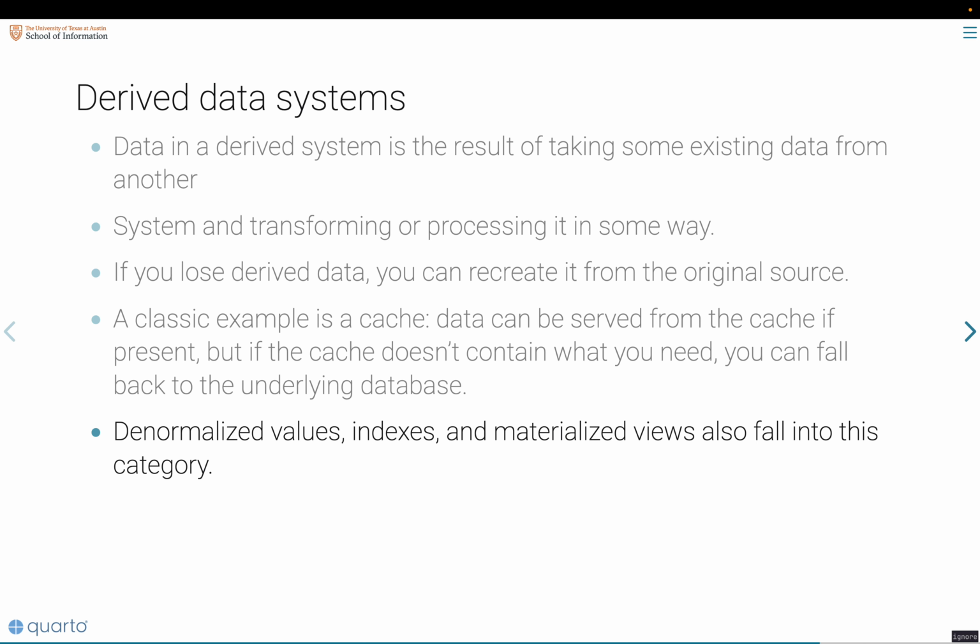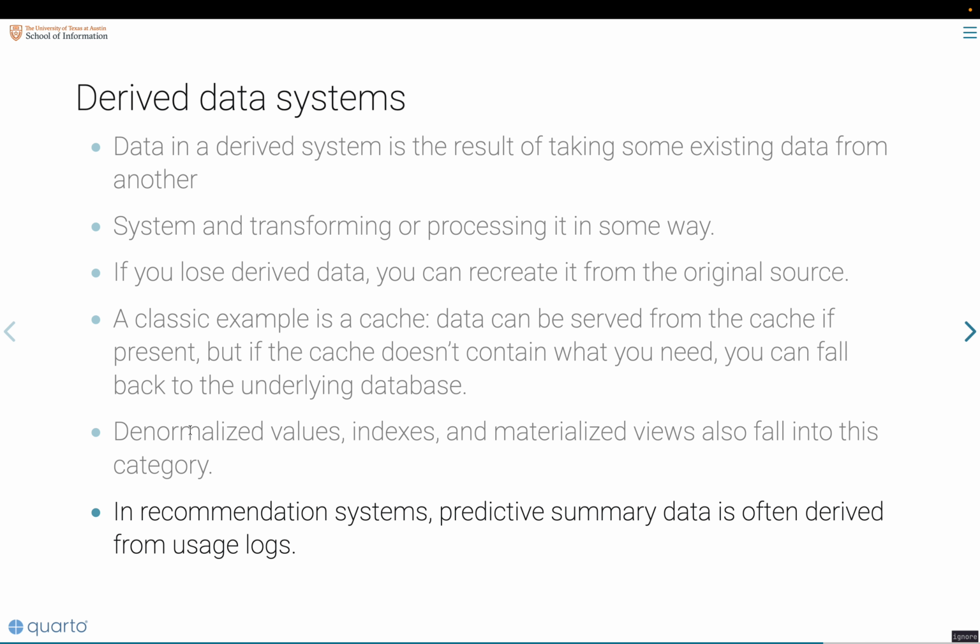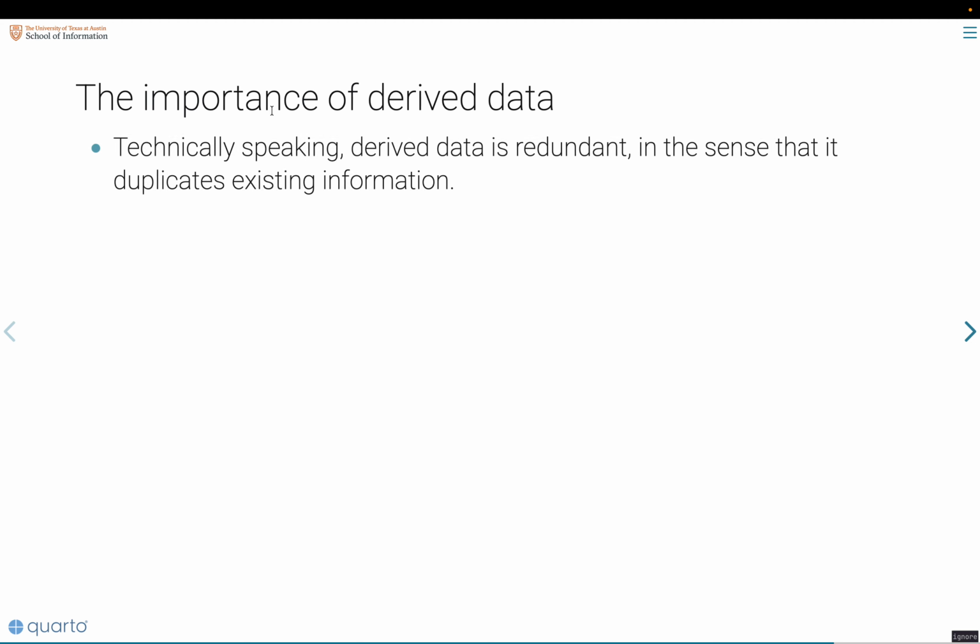Denormalized values also fall into this category. So indexes and materialized views, which we're not going to cover, can fall into this category. They can all be recreated from the original source of truth. And in recommendation systems, predictive summary data is usually derived from usage logs. Derived data is important, but it's redundant.